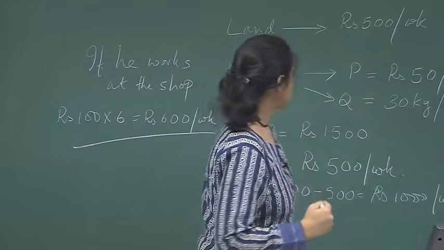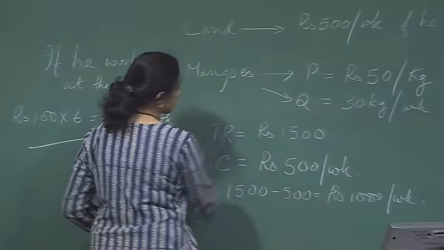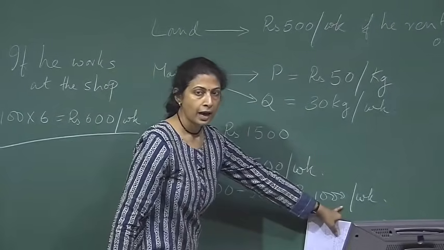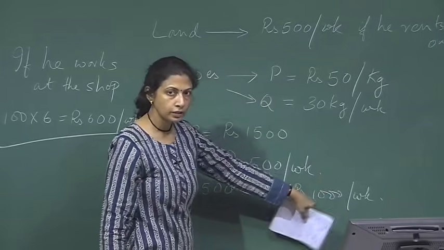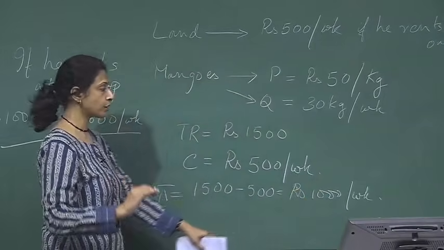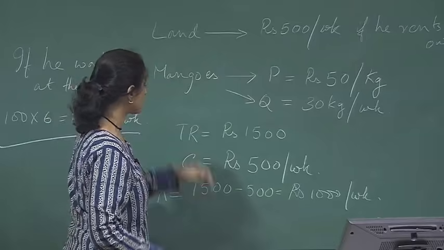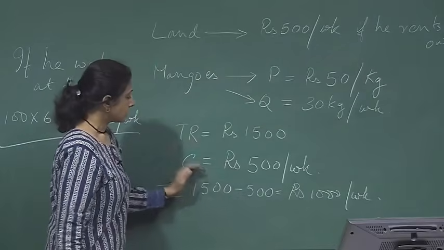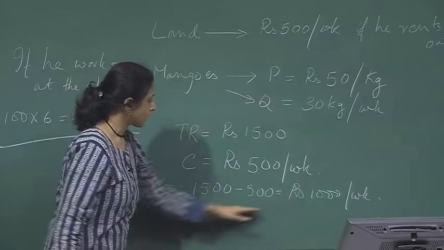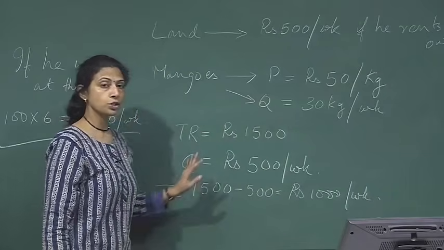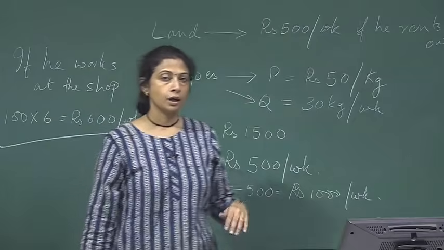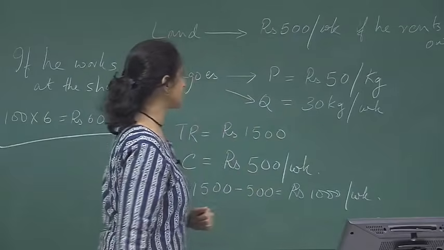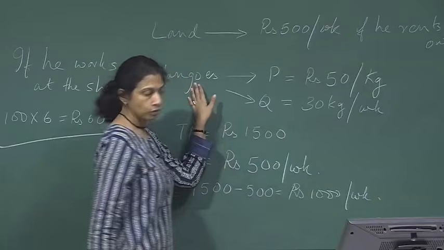Now in this calculation, if we say that his profit is rupees 1000 per week, this is what is called the accounting profit. I am just coming to that. Before that, let me explain about the implicit and explicit cost. If we calculate the profit as I have done here, then what we are leaving out is, what is the opportunity that he is missing by growing mangoes?